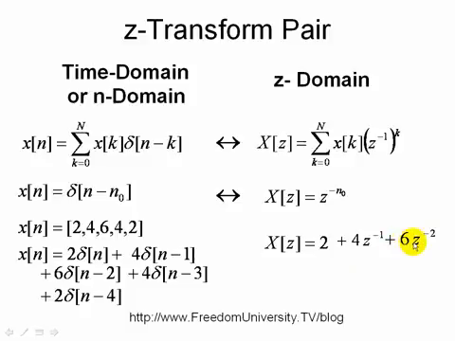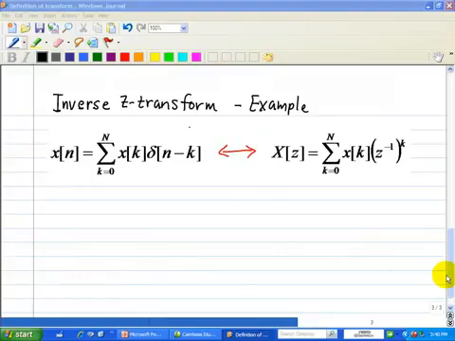That's the weighting of this z^-1 polynomial raised to the second power. Then here we have 4 with a delay of 3, and then 2 with a delay of 4. So that's how you take the z-transform of this sequence and convert it into a z-transform in terms of a polynomial of z^-1.